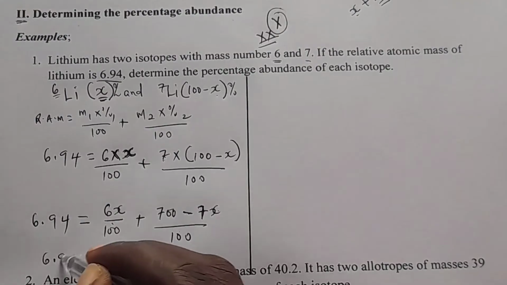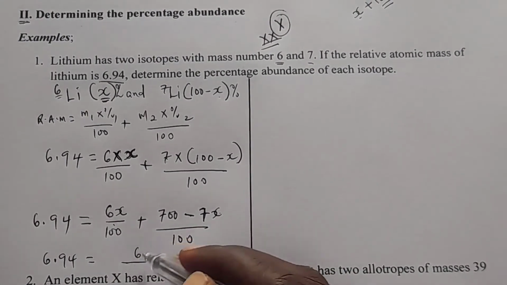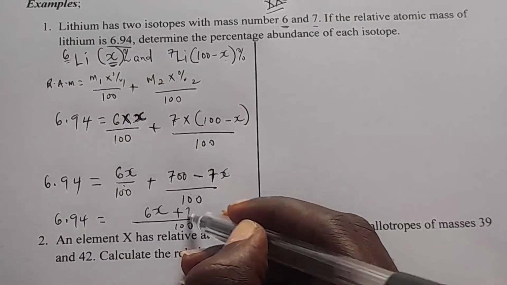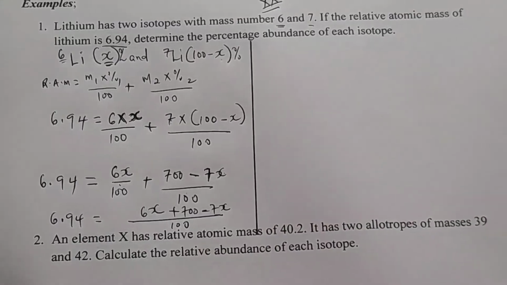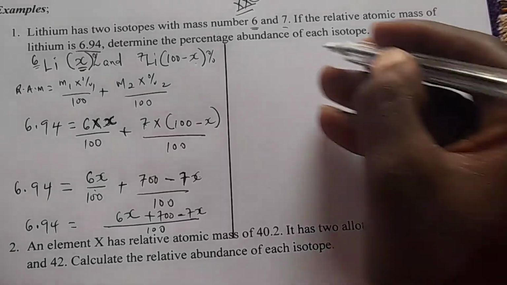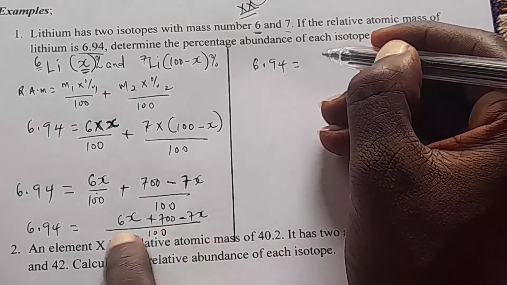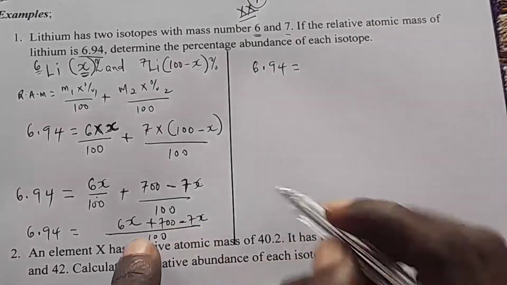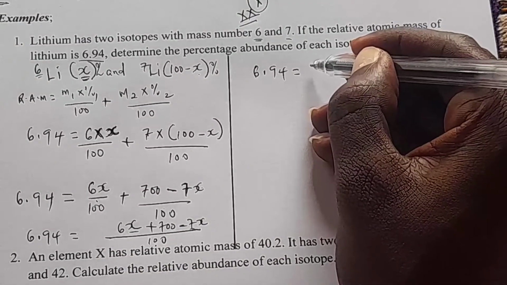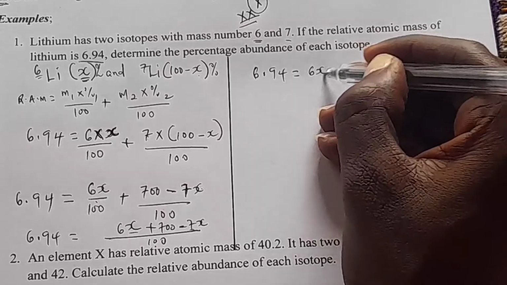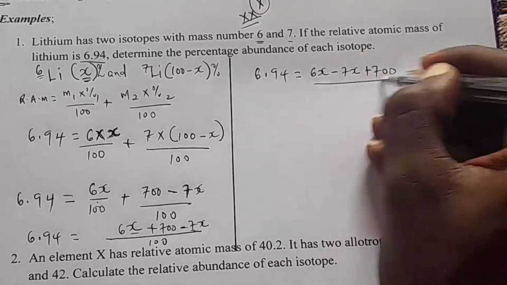You can say 6.94 will be equal to, the LCM is still 100, then it will be 6x plus 700 minus 7x. Okay, thereafter, let's just try to write again. 6.94 will be equal to, then arrange your numbers, group the like terms, it will be 6x minus 7x plus 700 over 100.